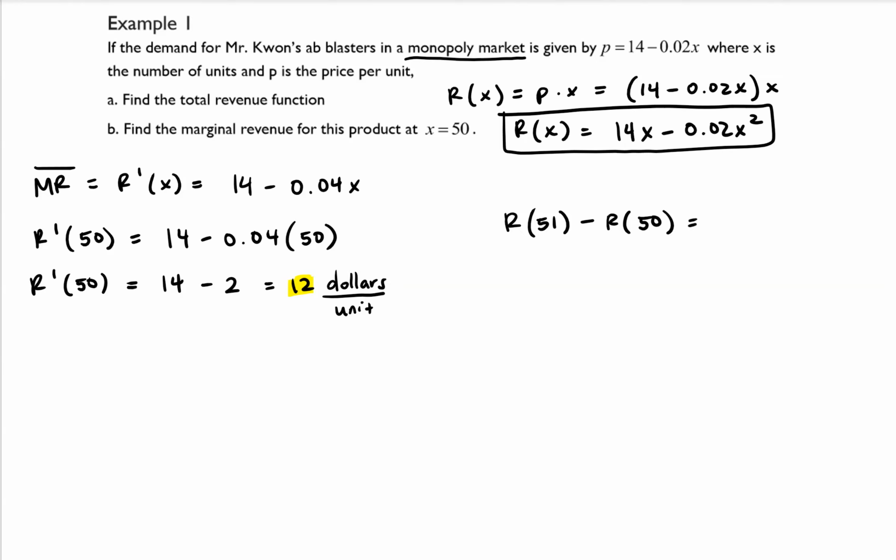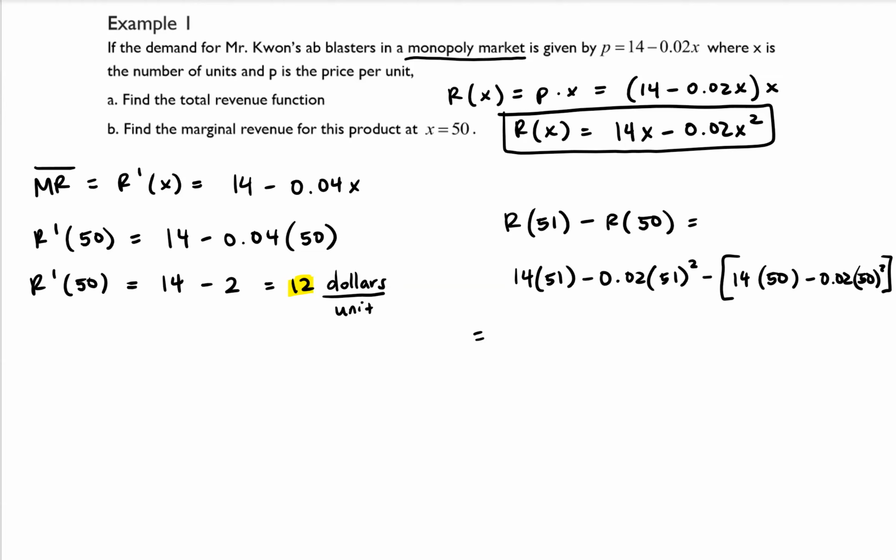So R of 51 is going to be 14 times 51 minus 0.02 times 51 squared. And then we're going to subtract off R of 50, which is 14 times 50 minus 0.02 times 50 squared.